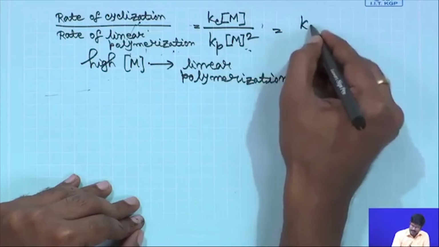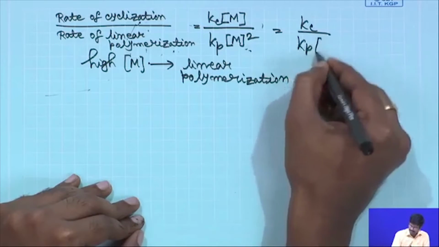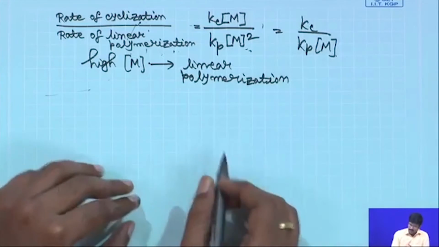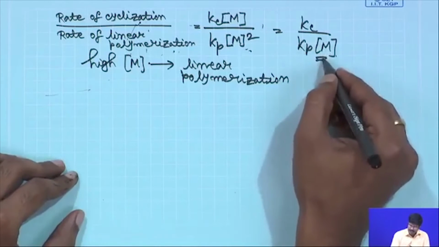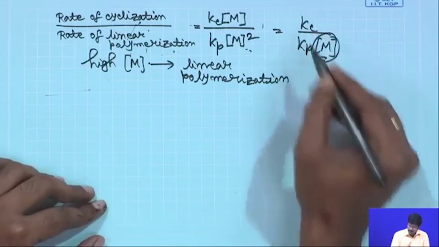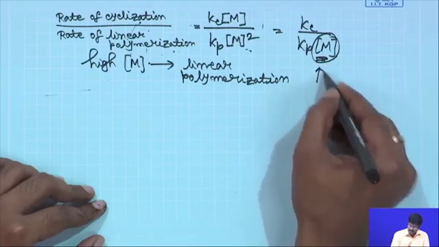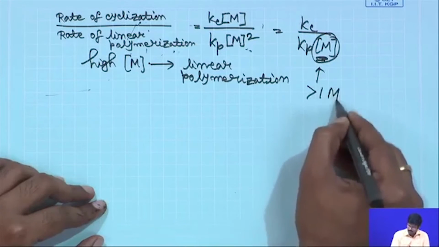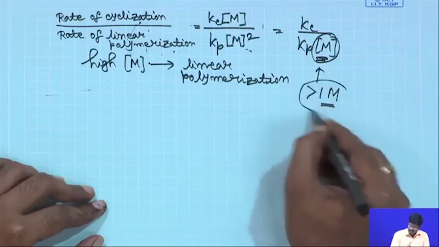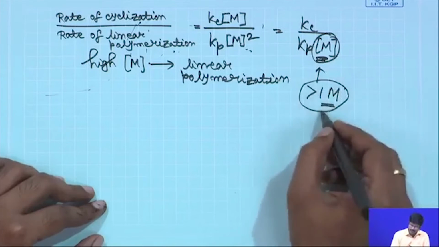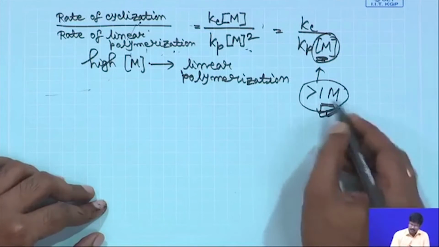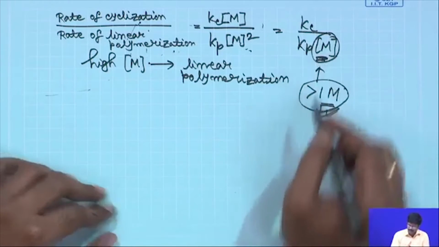This means here Kc divided by Kp into M. Typically when this M is more than 1 molar, linear polymerization will be favored. So, there is a kind of crossover point here.